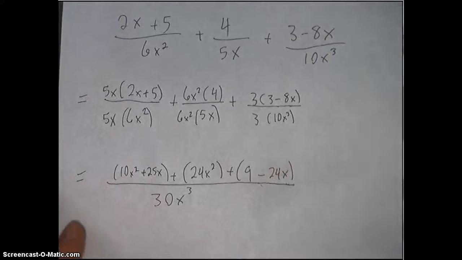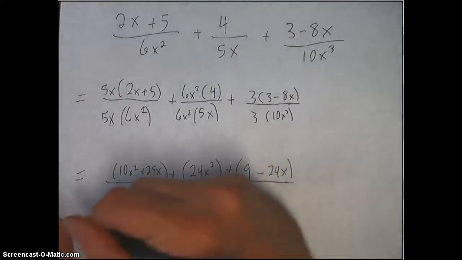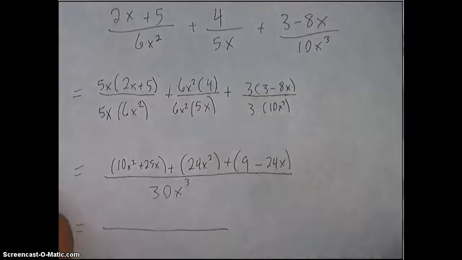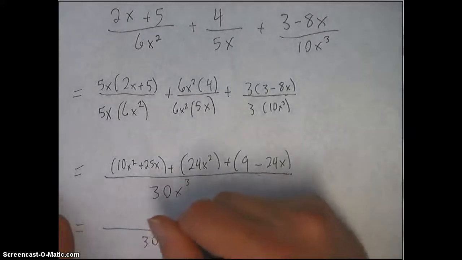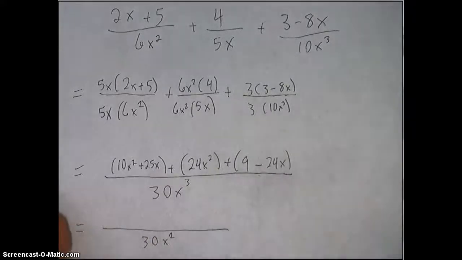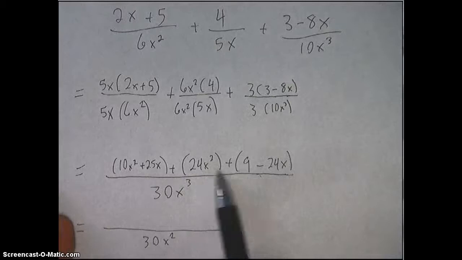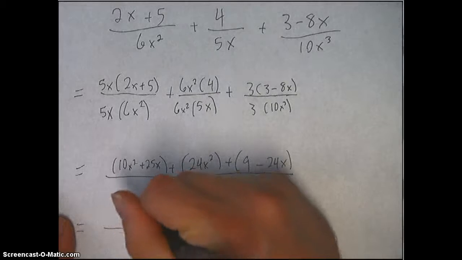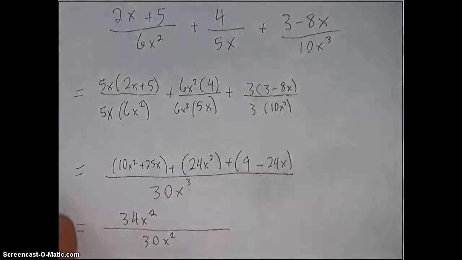And at this point, I'm going to want to combine like terms. And it looks like I still got this 30x cubed here. In terms of x squareds, I've got 10x squared and 24x squared, which puts me at 34x squared.